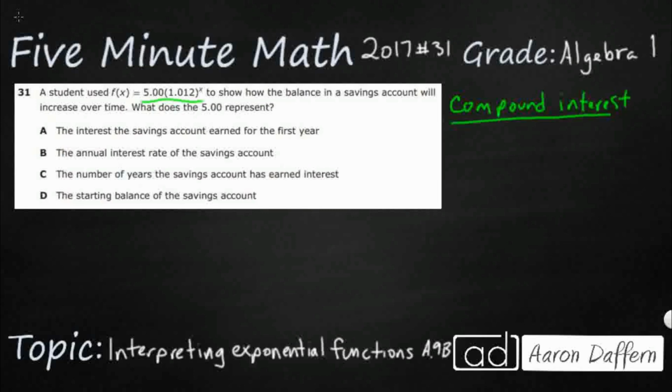So this is how we found compound interest. A equals, and this is straight from the mathematics chart on the 7th and 8th grade STAAR test, P times (1 plus R) to the T power. So we have labeled these in the past as the principal.